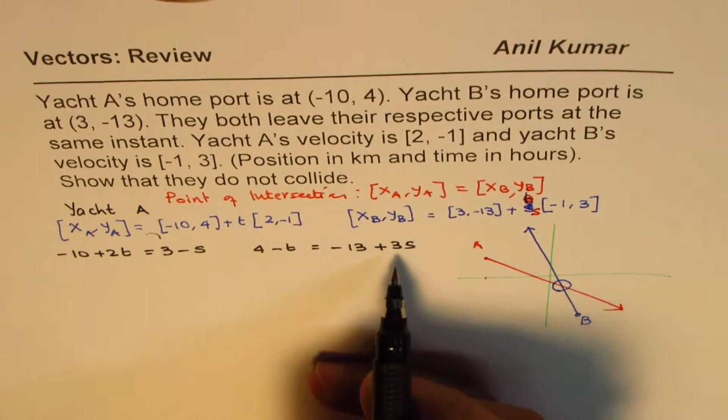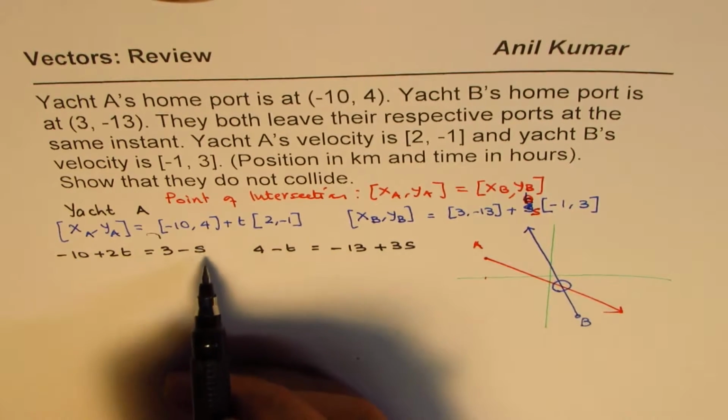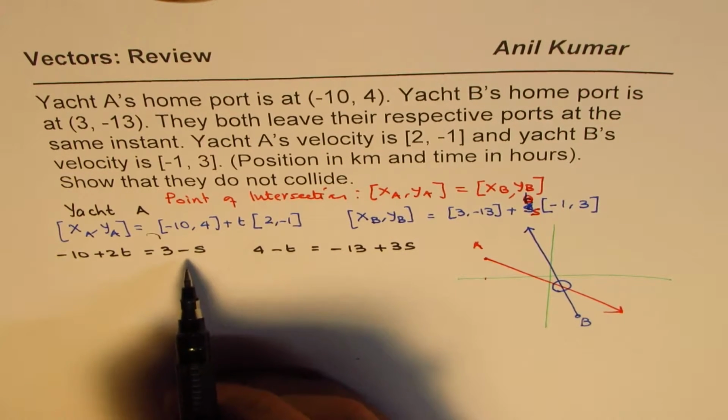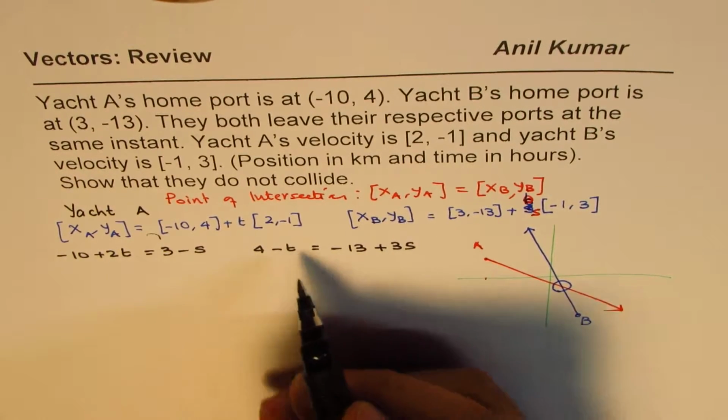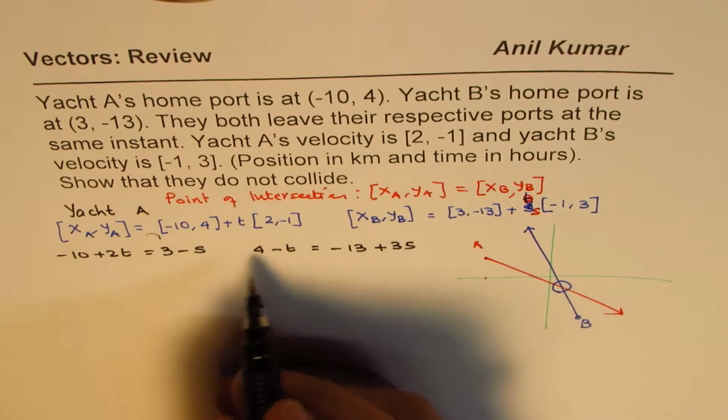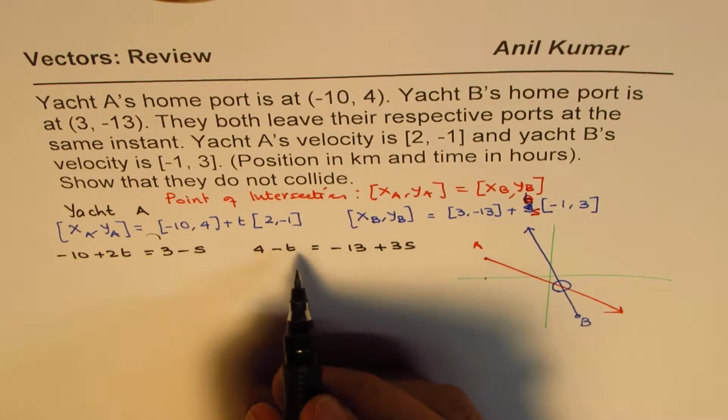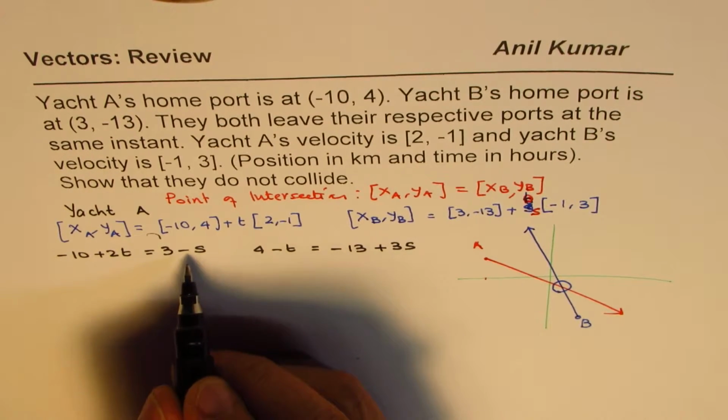Now, from one, we can find a variable and then substitute in the other to find T, right? And then we'll find XA and YA. So, from this, we can say S is equal to what?